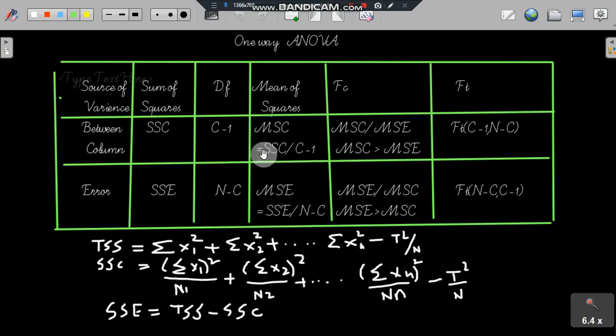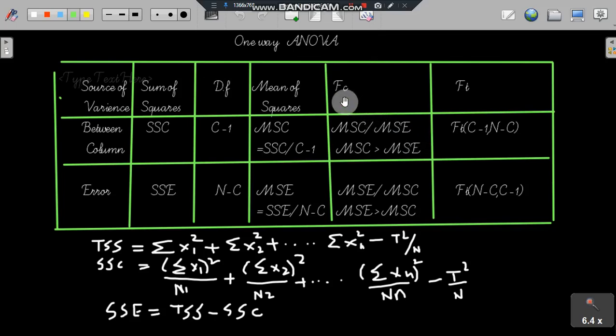If the MSC value is greater than the MSE value, then FC is calculated as MSC in the numerator and MSE in the denominator.